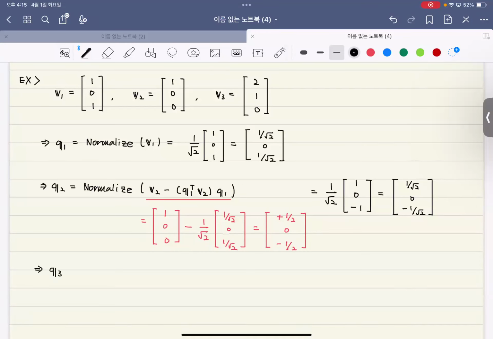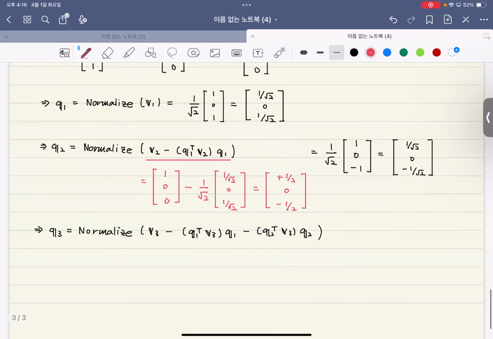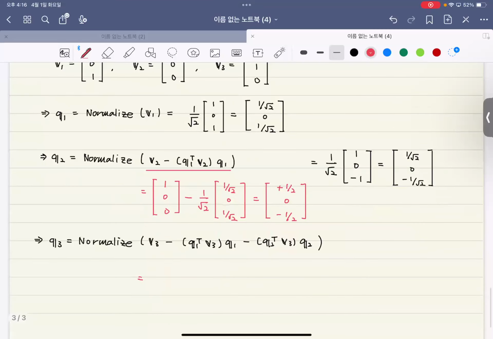Finally, Q3 is the normalization of V3 minus Q1 inner product with V3 times Q1, minus Q2 inner product with V3 times Q2. So V3 is (2, 1, 0).